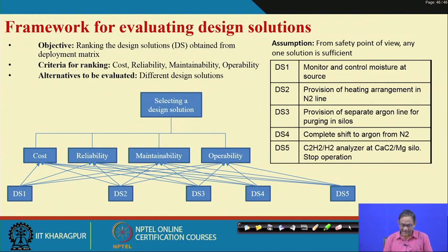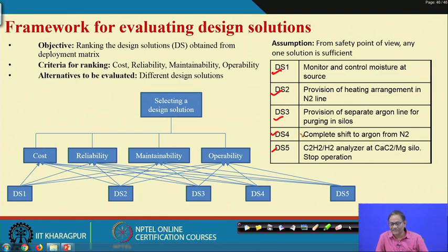If this is the case, then you are required to find the best design solution, and that is what is known as ranking of design solutions. We have some important assumptions here. One is that from a safety point of view, any one solution is sufficient. Suppose you have identified 5 design solutions, and we are saying that with reference to that particular hazard, any one of them is sufficient.